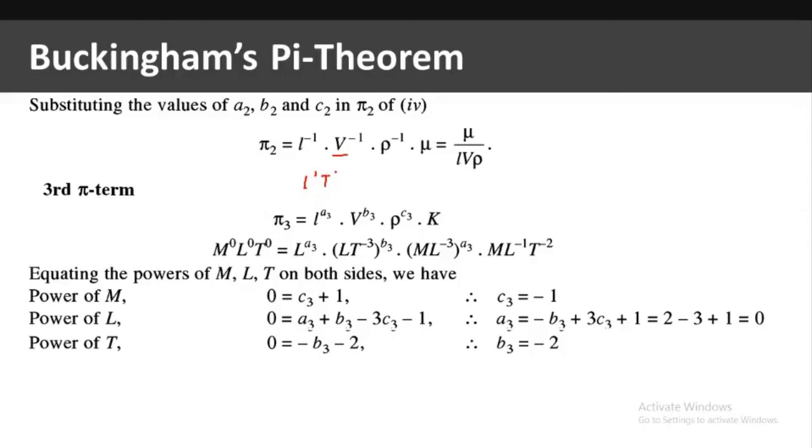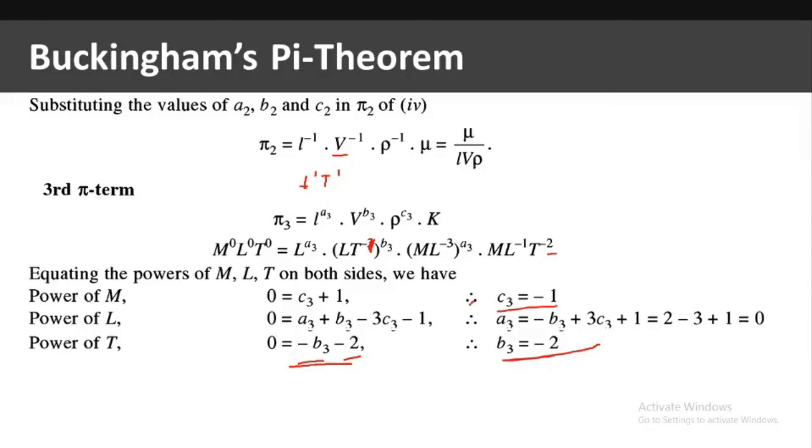L1 t minus 1. Here there is actually a printing mistake, here it is t minus 1, L1 t minus 1. So it is minus 1 b3, so minus b3. Okay, and here t is absent and here t to the power minus 2, so minus 2. So it is minus b3 minus 2. So we can say b3 equals to minus 2.